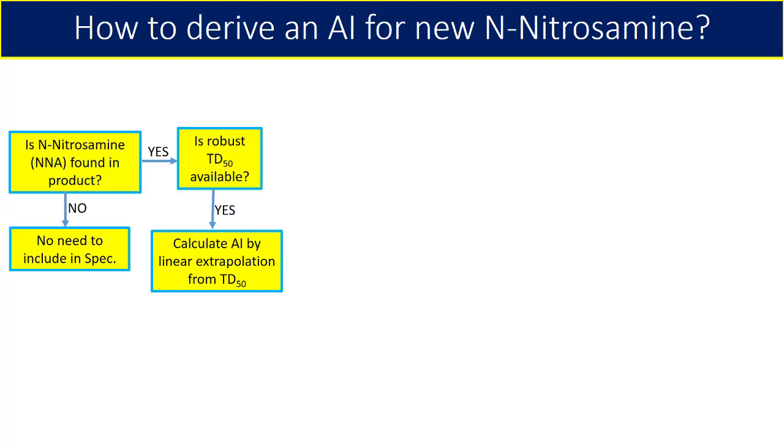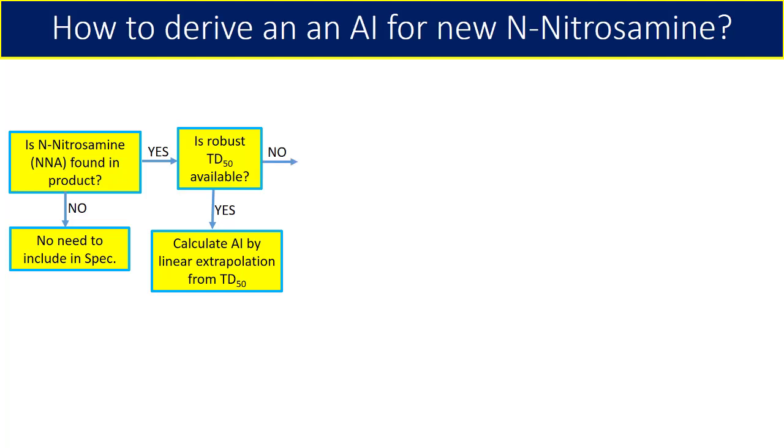And the extrapolation has to be done to understand what is the concentration or the dose which will result in a tumor in only one species out of 1 lakh studied species throughout the entire lifespan. And that is the meaning of linear extrapolation from the TD50 value. So once you have that, you can define the limit.